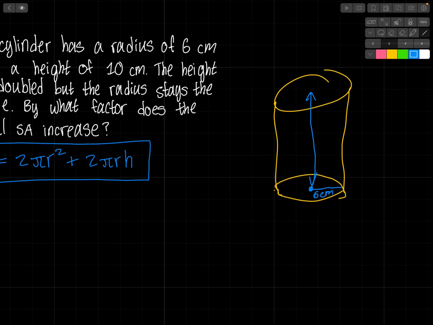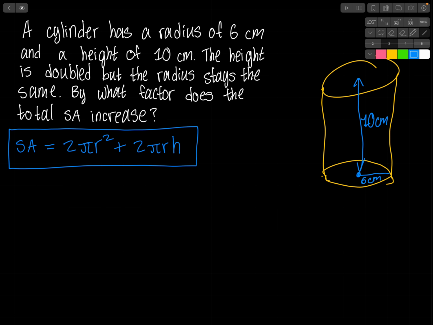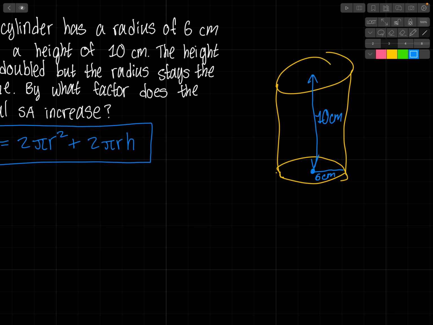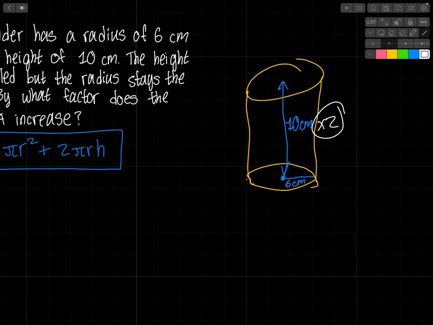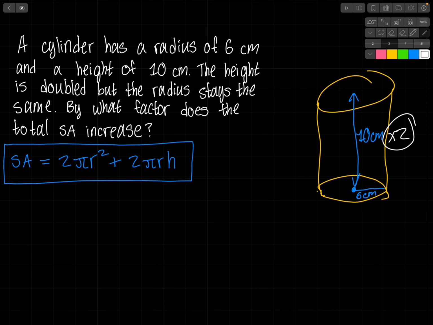Boom. 10 centimeters. The height is doubled. So here you have the height is doubled, but the radius stays the same. So by what factor does the surface area increase?